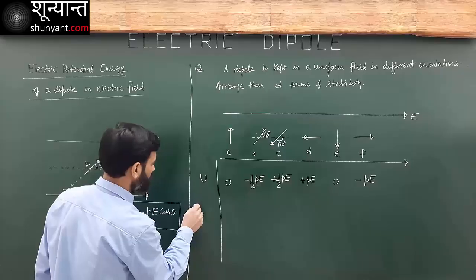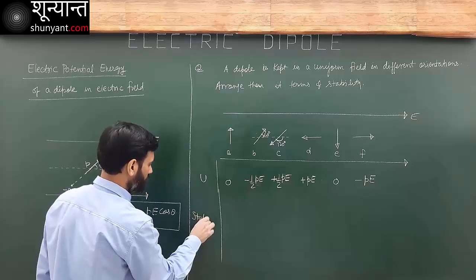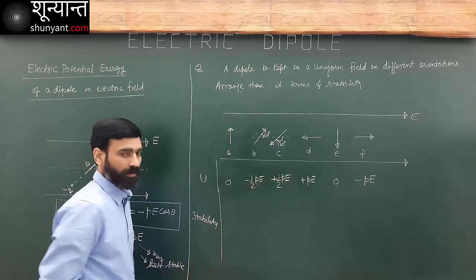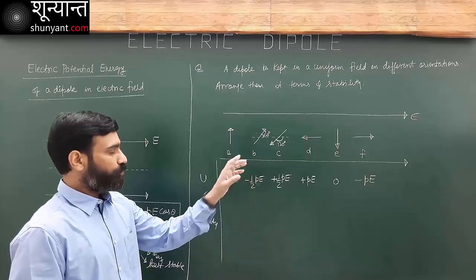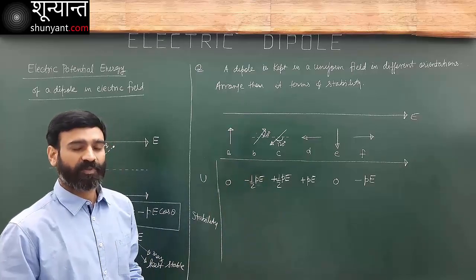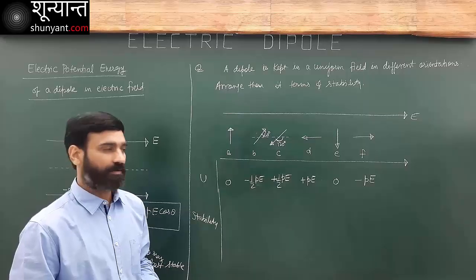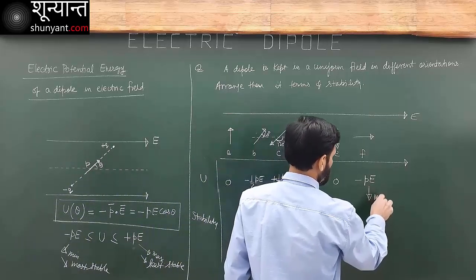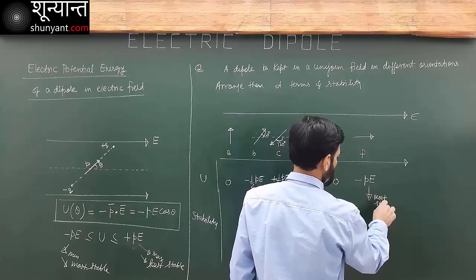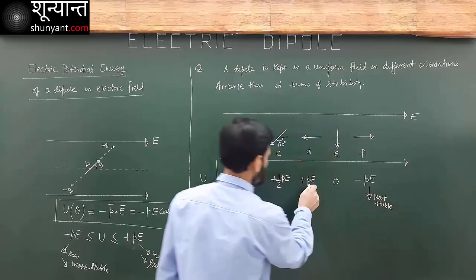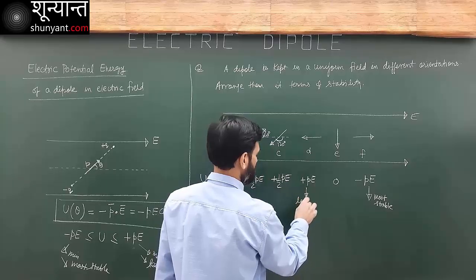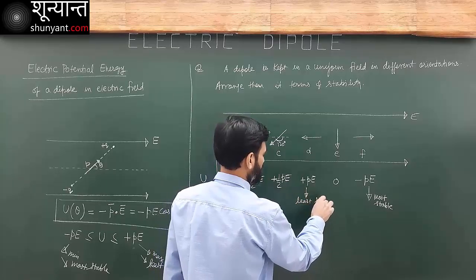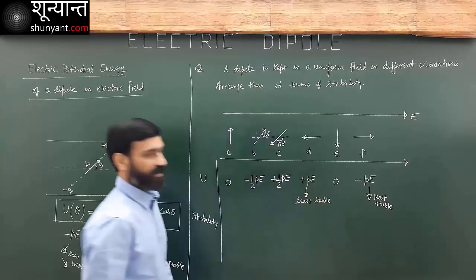What about stability? Which one is the most stable? Which one is the least stable? This is the most stable, and this is the least stable. I hope you can make sense of this.